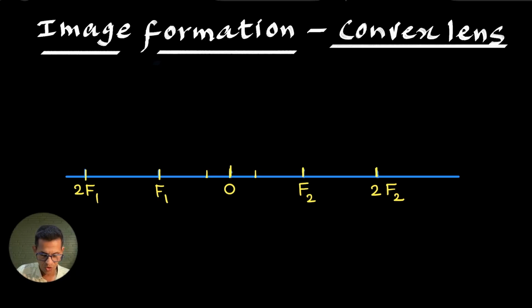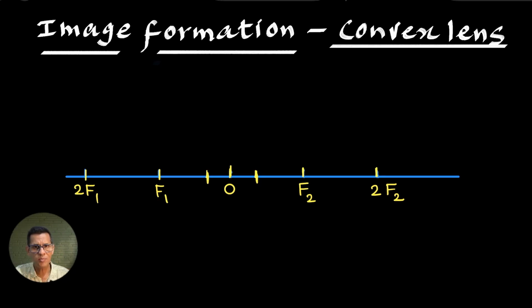Then on both the sides of optical center, I have marked 2 more points. These are the markers from where we are going to draw the arcs for the lens. So basically you can take these points at half a centimeter on both sides of O, half a centimeter left hand side, half a centimeter right hand side, or even 1 centimeter would do.